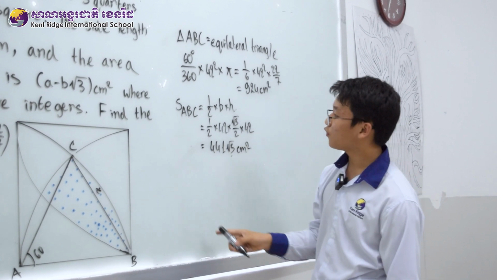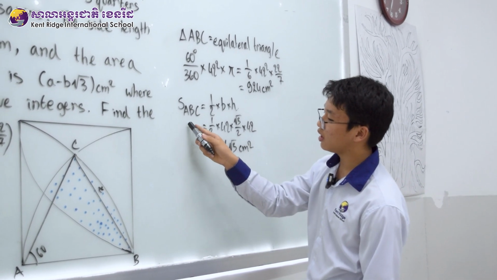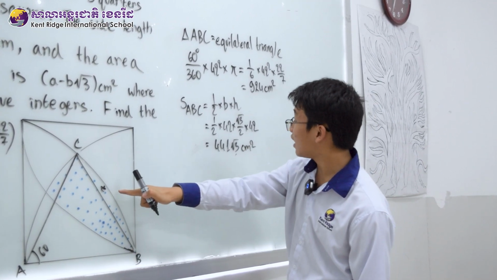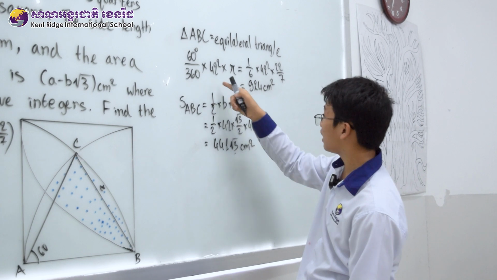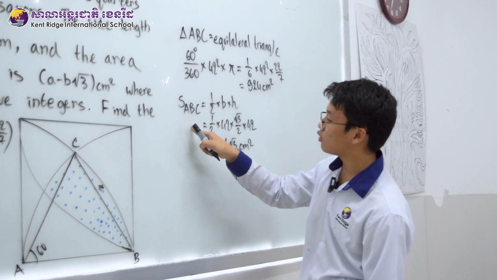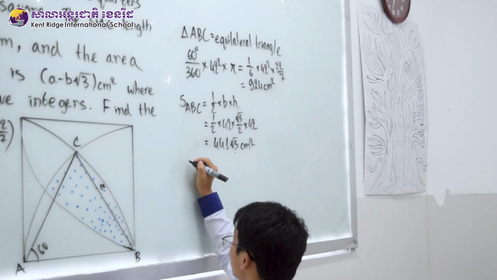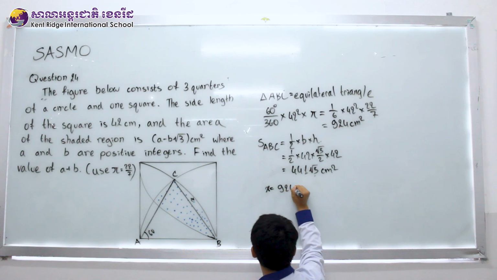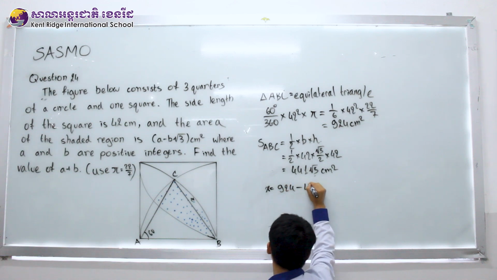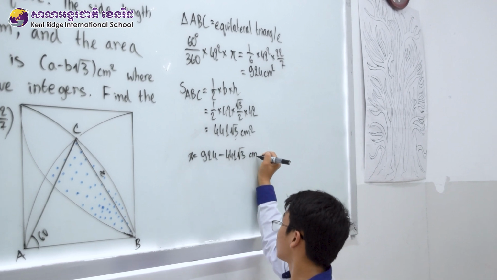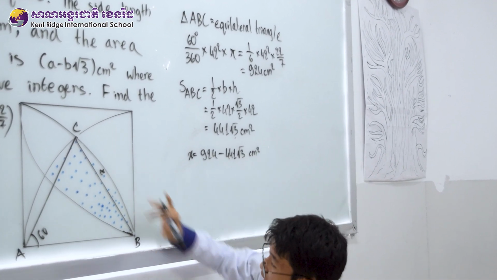So now that we've found the area of triangle ABC and the area of this part of the circle, in order to find X, we must take the area of the part of the circle minus the area of the equilateral triangle, which we get as X equals 924 minus 441 square root of 3 centimeters squared. So now we found X.